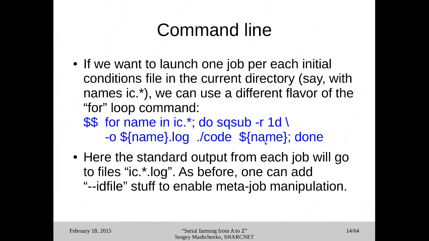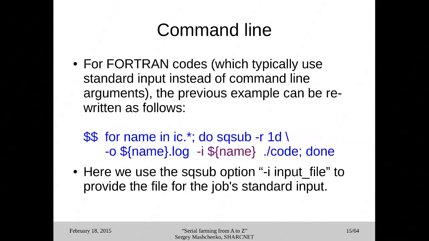And also you provide it, for example, as a command line argument to your code, if that's the way your code expects to receive the initial condition file. So that's another way of using the for loop in Bash. As before, you can add the --idfile sqsub argument to be able to have this meta job manipulation ability.